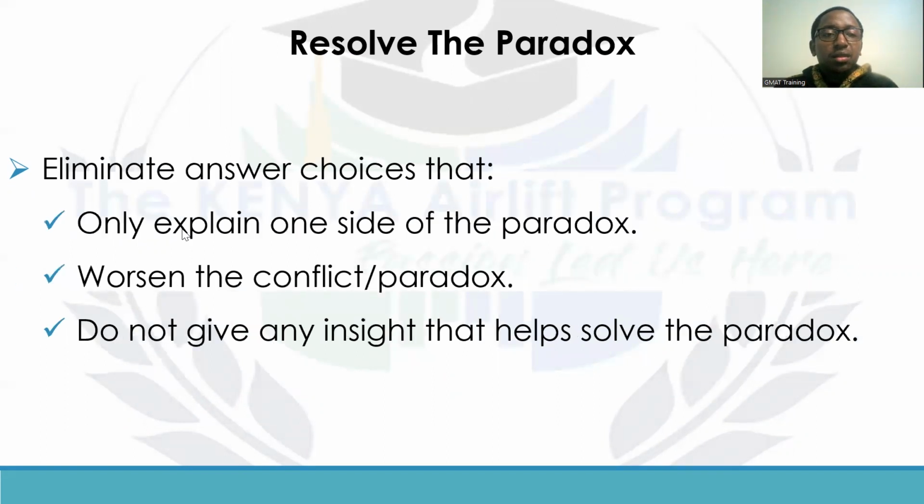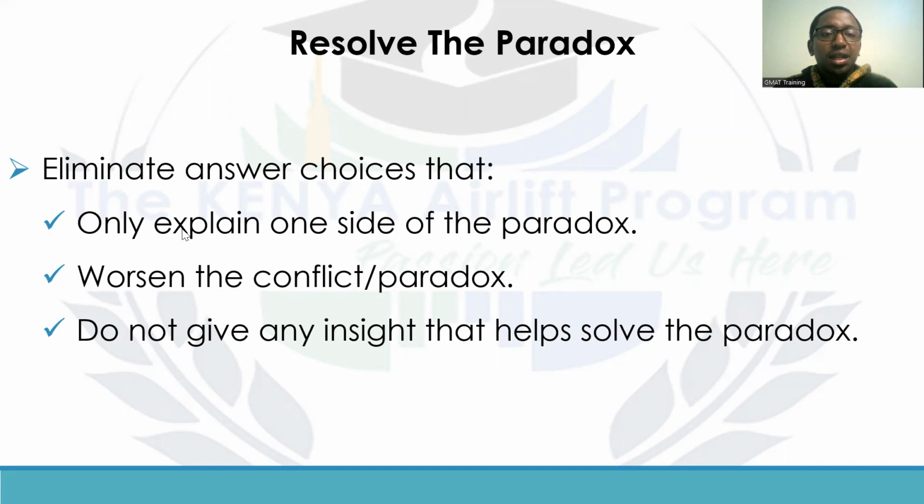So to solve these questions, you eliminate answer choices that only explain one side of the paradox. So maybe explain, in our example, why supply increased, but it doesn't explain why the price did not decrease. And then the answer choices that worsen the conflict. This is the answer choice that seemingly results in the situation being worse.